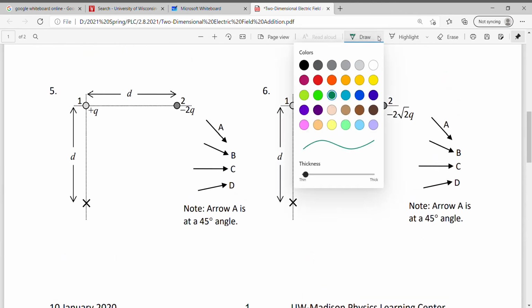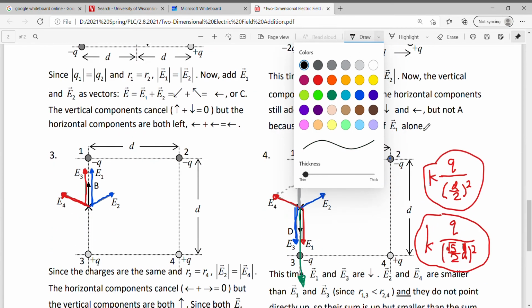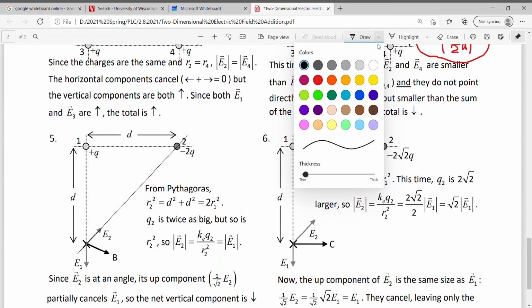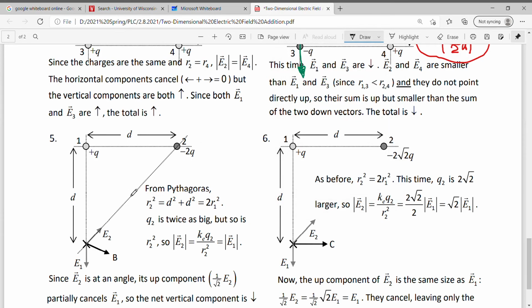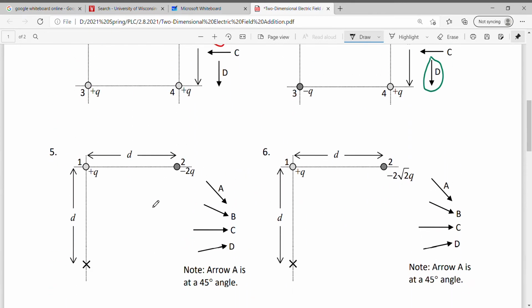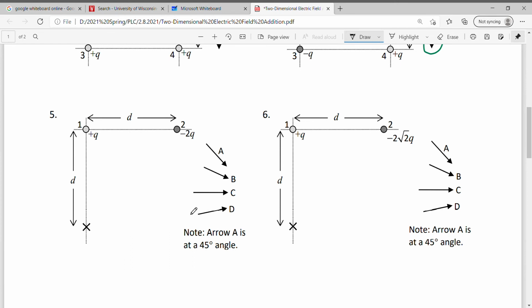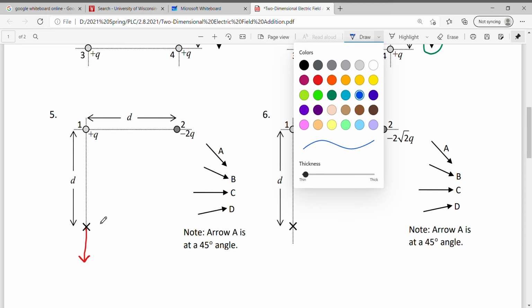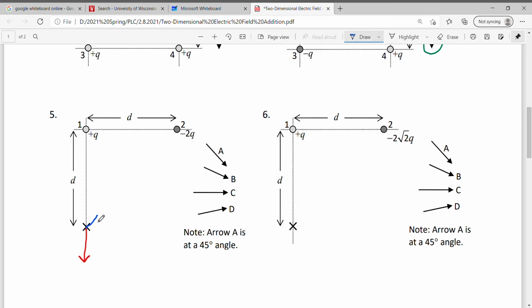Okay, so now let's do this. Okay, 5. E1 is generated by charge 1 and is pointing down, and E2 is pointing in this direction.